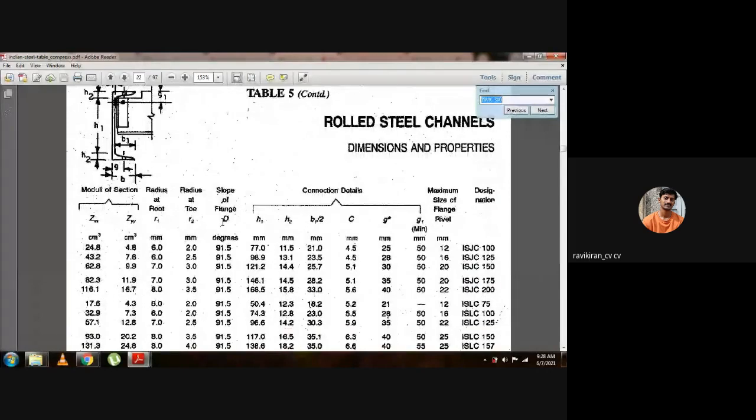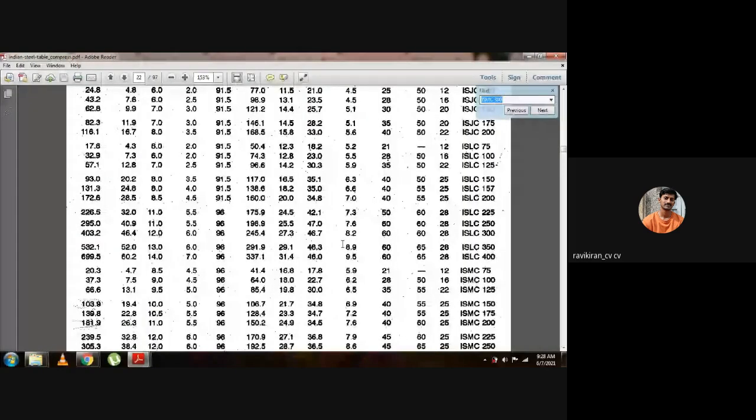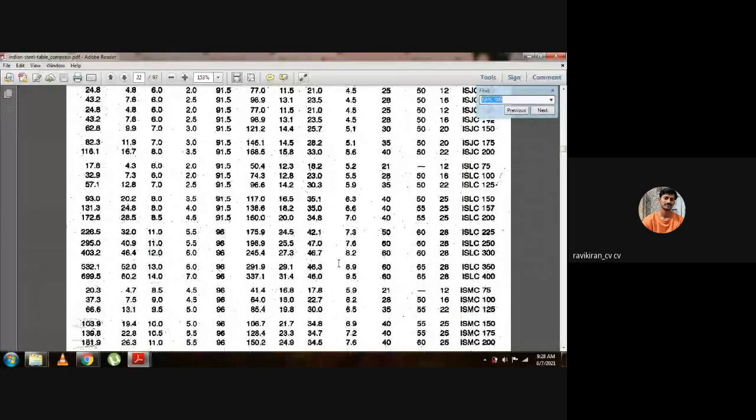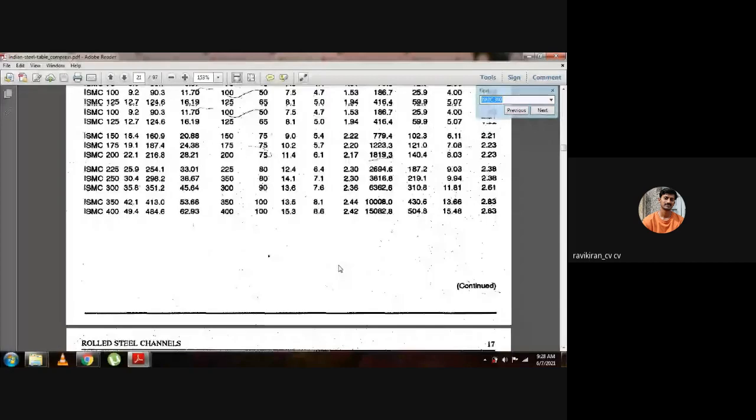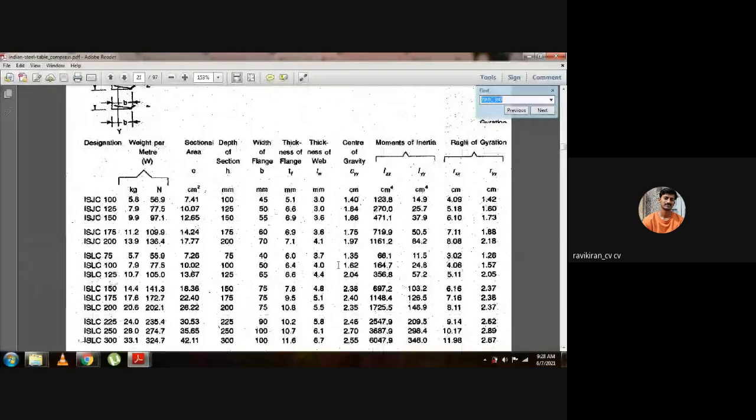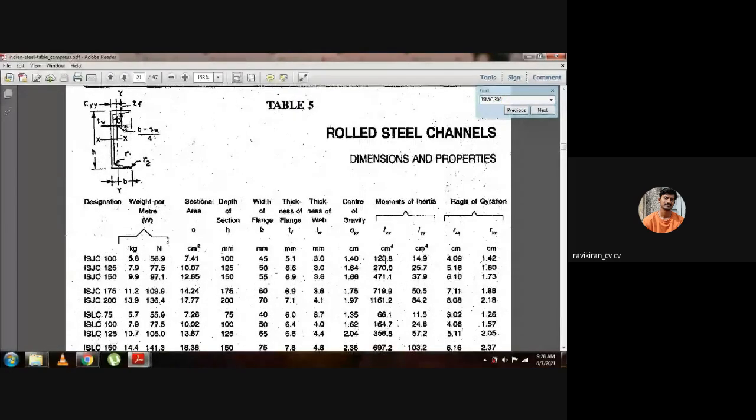See here. Yes, here it is. See, center of gravity in YY direction. In the figure, if you take a close look, it is given at the top, CYY.